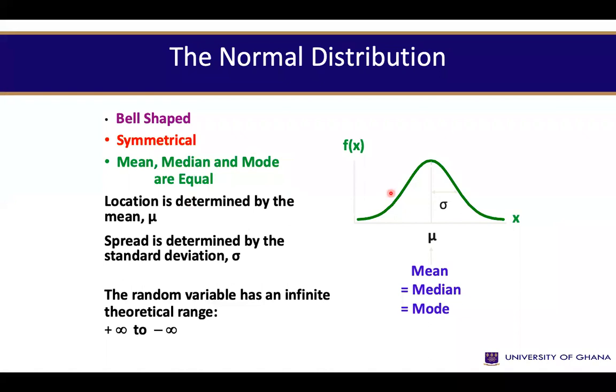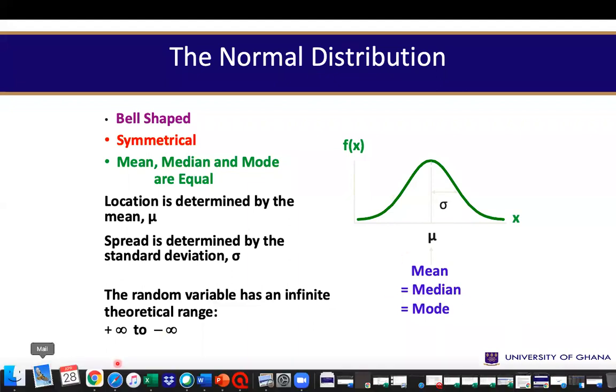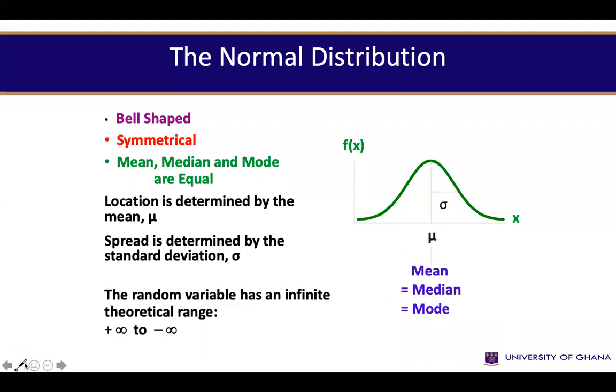When we say symmetrical, the characteristics of one half of the curve are the same as the characteristics that appear on the other half of the curve. And then we have the mean, the median, and the mode being the same. Mostly we call the mean the location parameter.